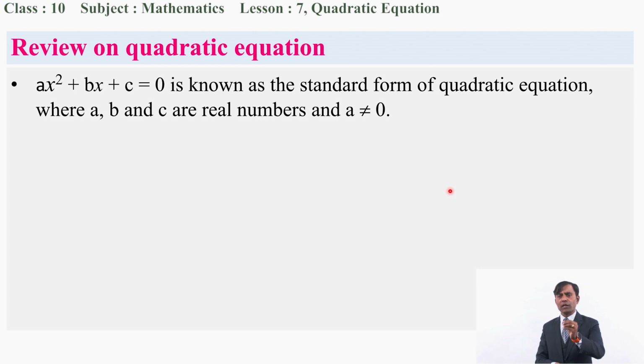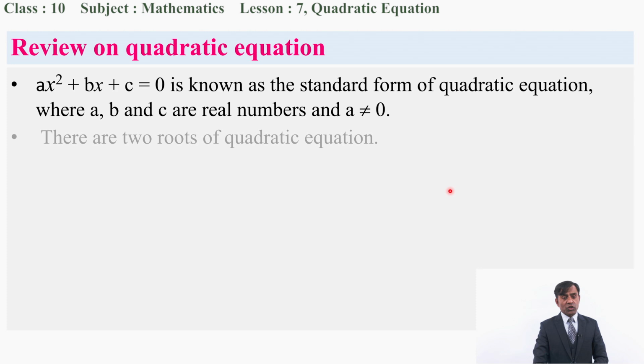Why a not equal to 0? Because when a becomes 0, the coefficient of x square becomes 0, and it does not remain a quadratic equation. When a becomes 0, the quadratic equation changes into linear form, so a never becomes 0.